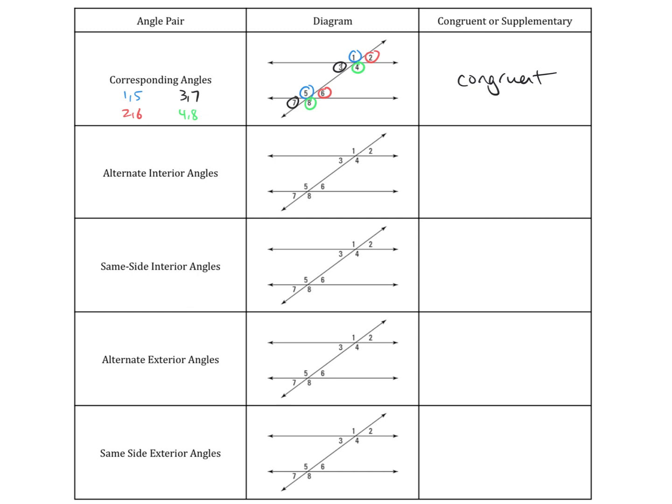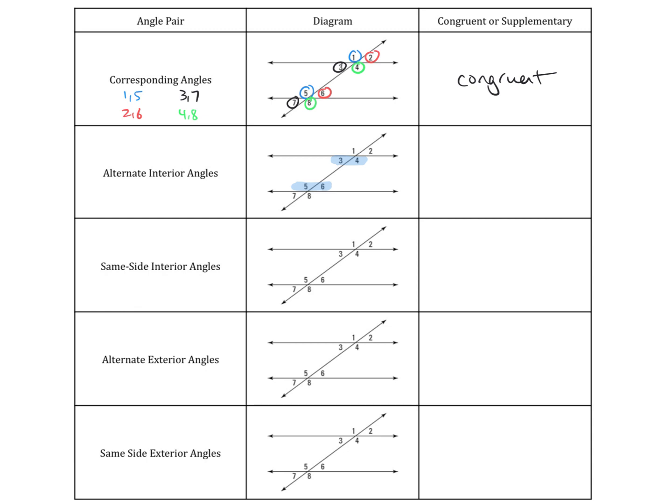Alternate interior angles are two angles that are inside the parallel lines on alternate sides of the transversal, or opposite sides of the transversal. So when I talk about interior angles, we are looking at the angles inside the parallel lines. So angles 3, 4, 5, and 6 are interior angles because they're between the parallel lines, inside them.